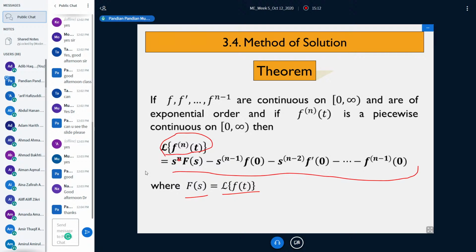So s power 3 F(s) minus s squared f0, 3 minus 1, 2. Here 3 minus 2 is 1. And then the last one, f^(n-1), n is 3, 3 minus 3, 0. So this becomes f0, the last one here. Not n minus 1, this is n minus 3, the next one.